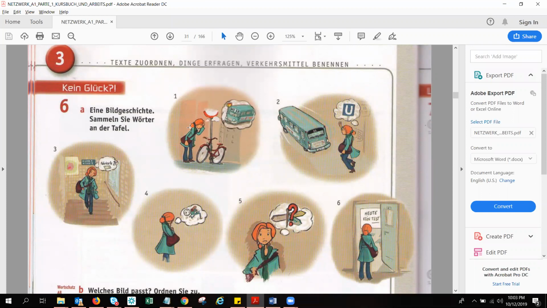So she is trying to go by the bicycle. The bicycle is, as you said, punctured or might be not working. It is damaged. So she has a thought to go by the bus. But when she went to the bus stop, the bus left, she misses the bus. Then U means, I told you yesterday, U-Bahn, metro.